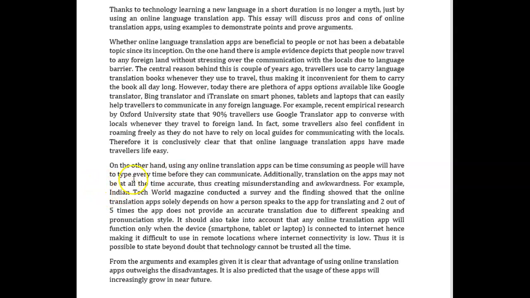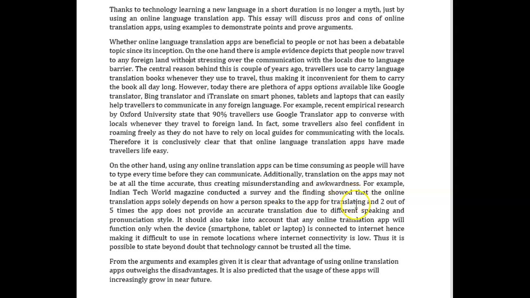No, may not always be accurate, thus creating misunderstandings and awkwardness. For example, Indian Tech World magazine conducted a survey, and the findings showed, findings usually, showed that the online translation apps solely depend, no S, on how a person speaks to the app for translating.